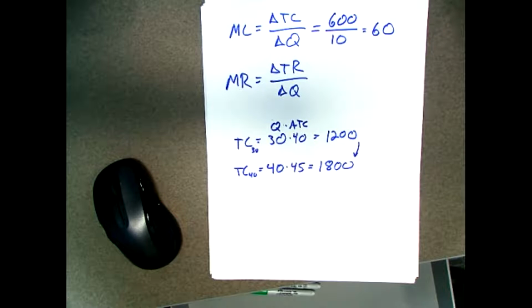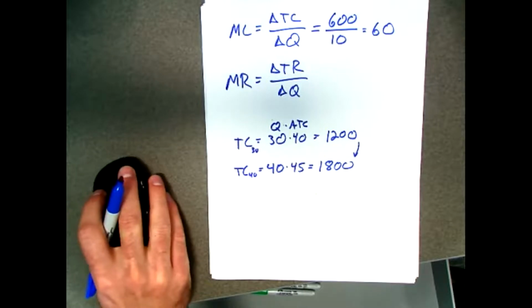Does that make sense how we went about that? So we weren't given directly the total cost, but if you know how much on average it costs you to produce something, then you just take how much you're producing and you multiply it by that average. Right? If it costs me on average $2 to make something and I'm producing 100 of them, well, my total costs are $200, right? 2 times 100.